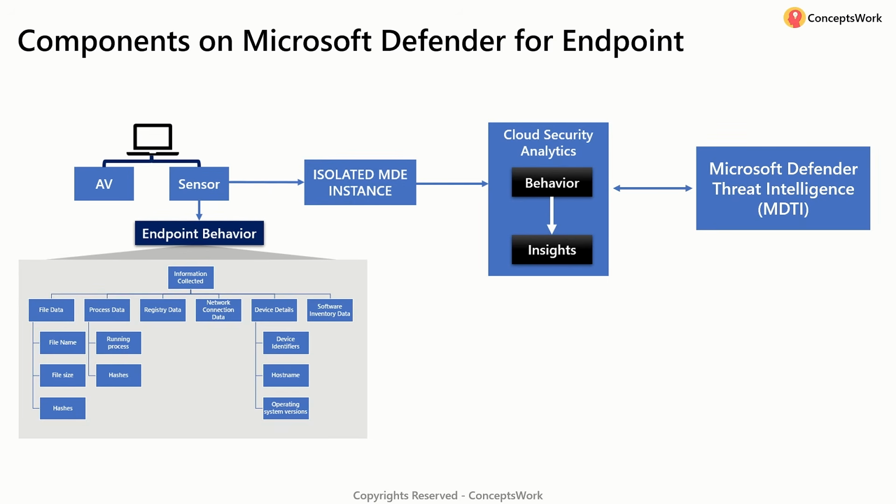MDTI basically means Microsoft Defender Threat Intelligence, right? Since all the TI data is already available to our endpoint security solution by default, if anything malicious is happening, it's highlighted on the portal itself. So these are all different components which fundamentally work.